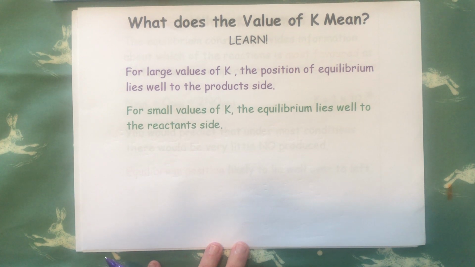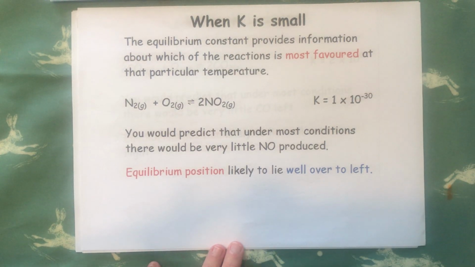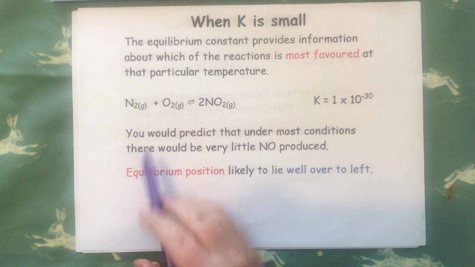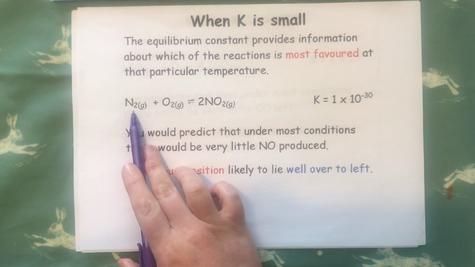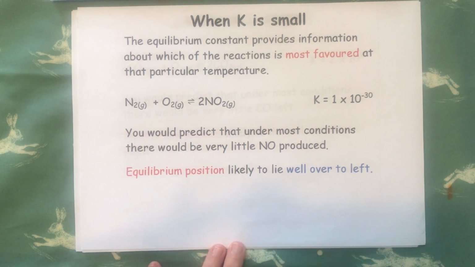And on that second booklet that you have, there's like 4 pages of questions, but on that very first page there's a nice wee table that highlights all this for you. Okay, so let's have a wee look at when K is small. So we have this reaction here, and we have nitrogen reacting with oxygen to give us nitrogen dioxide.